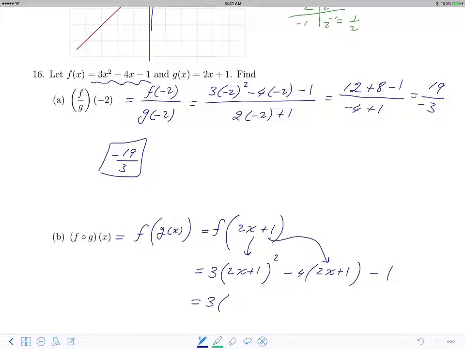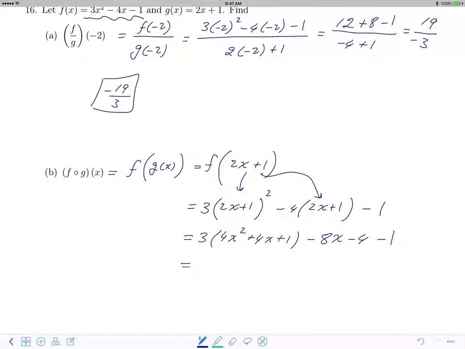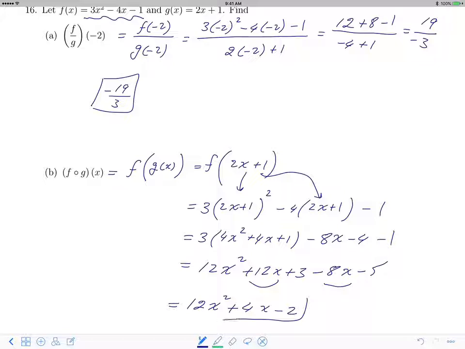So this would be 3 times (4x squared plus 4x plus 1), and then distribute, minus 8x minus 4 minus 1. So we get 12x squared plus 12x plus 3 minus 8x minus 5. And combine like terms here, we get 12x squared plus 4x minus 2, and that's the final answer.